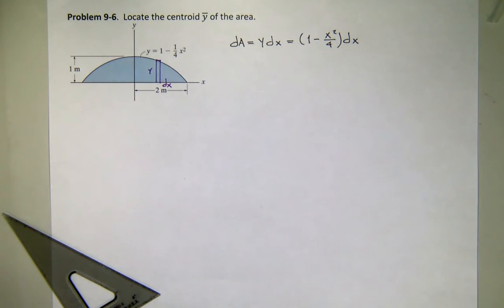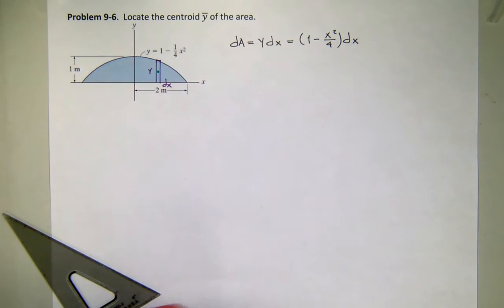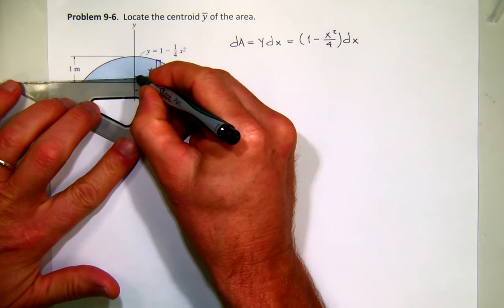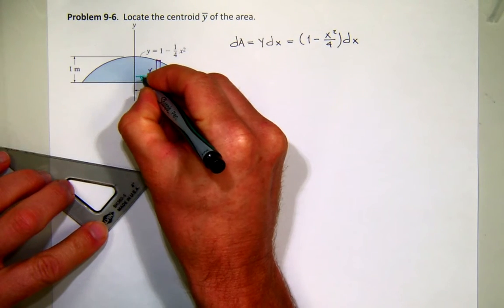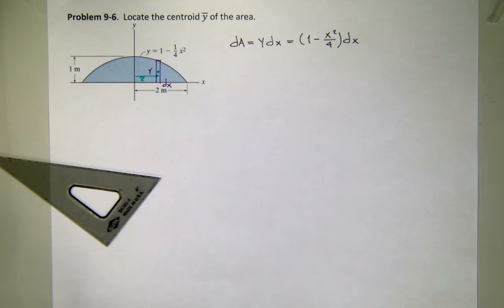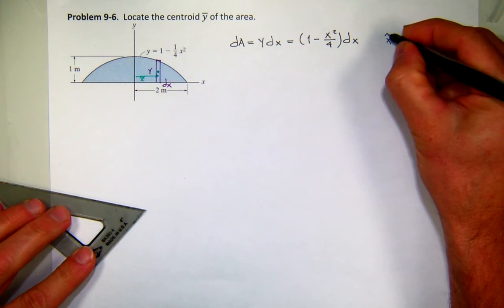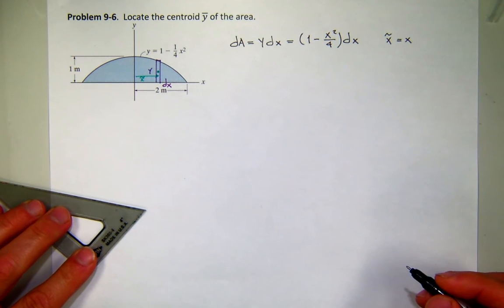Now what is the distance to the centroid? There's our rectangle. So what's the distance in the x direction? Our little tilde. It would just be x, right? That's it.